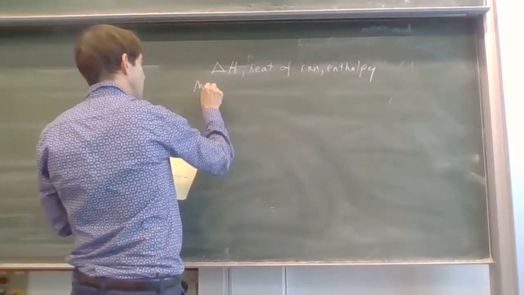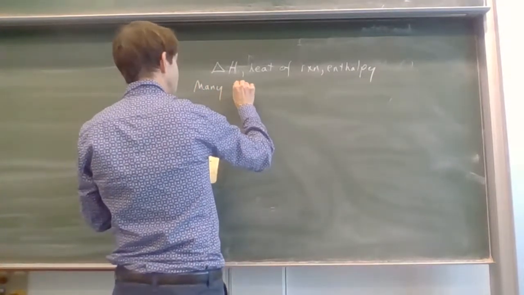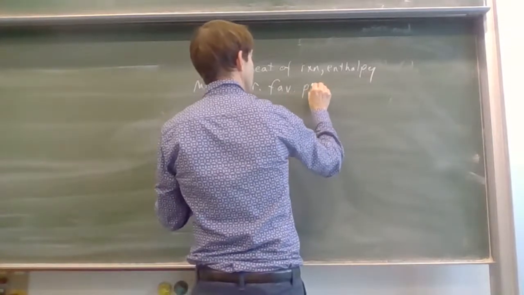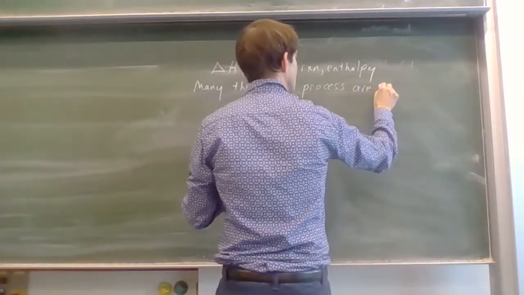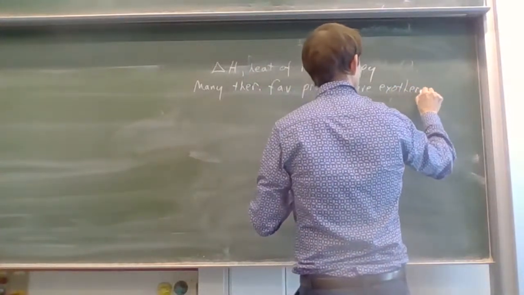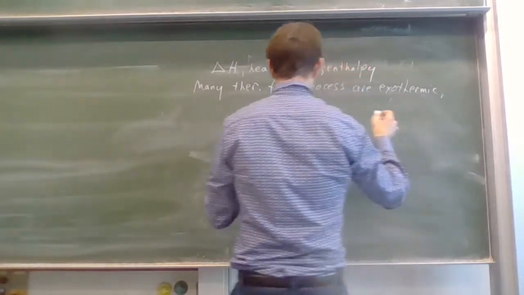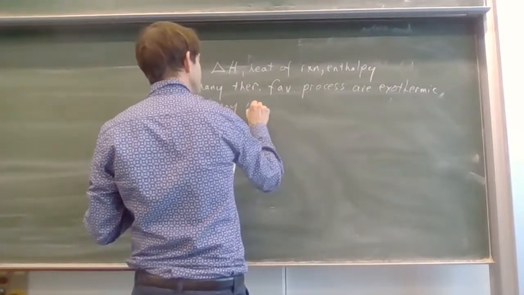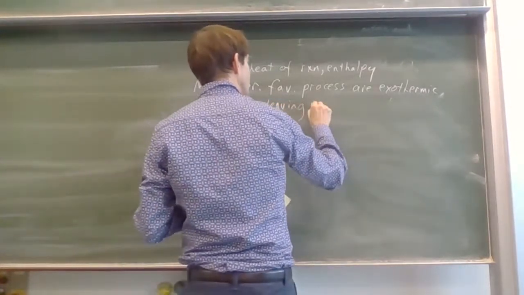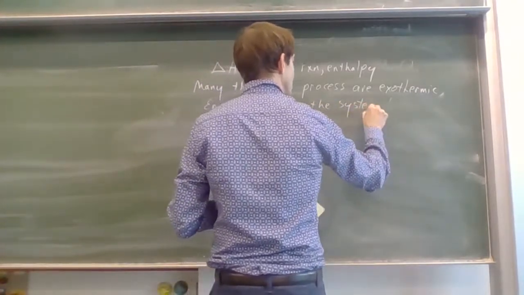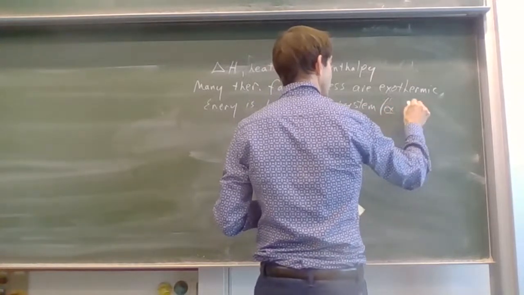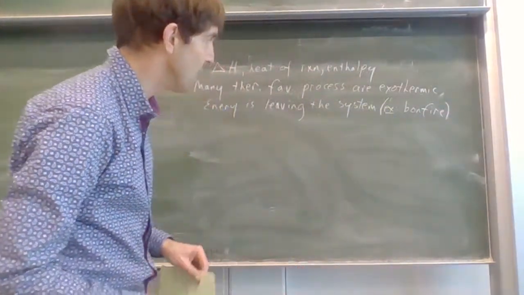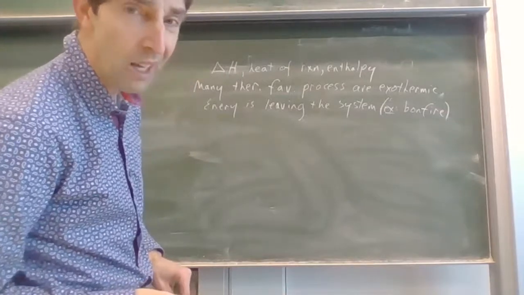Let's review some stuff we had from previous chapters. Delta H, the heat of reaction. Also called enthalpy, also called whatever. There's lots of names for this. Turns out many thermodynamically favorable processes are exothermic. Energy is leaving the system. Example, a bonfire. So I got something burning, and it's made of wood, and it's going to keep going.